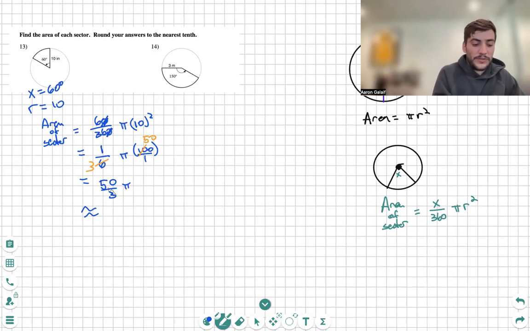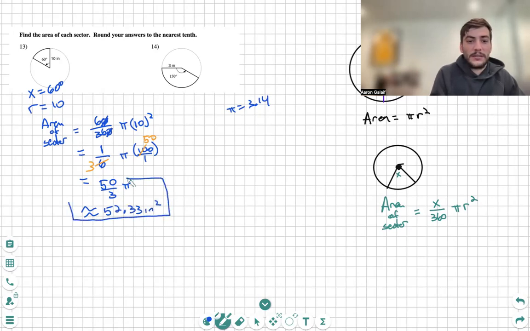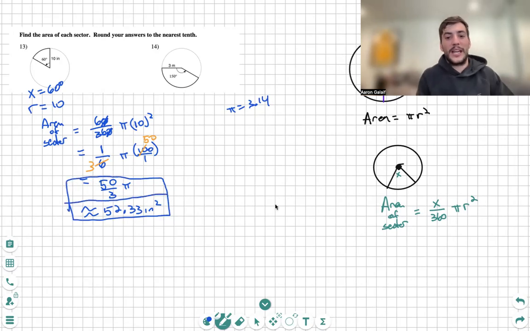This one we will multiply by 3.14, and using pi equals 3.14, this answer is 52.33 inches squared. That's it. Those are your two answers, one in exact form, one in decimal form.